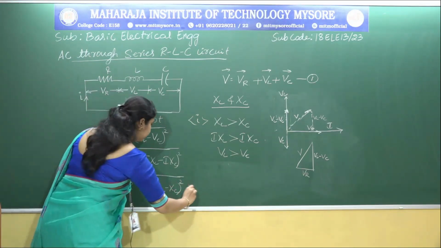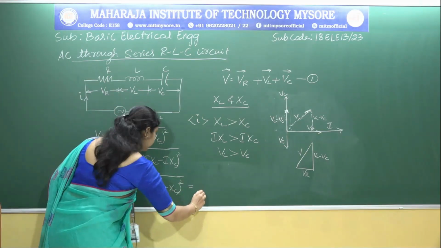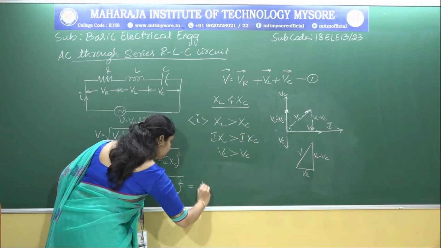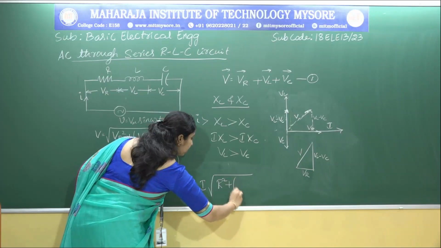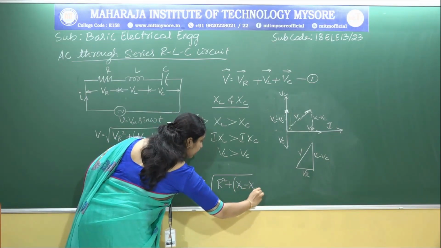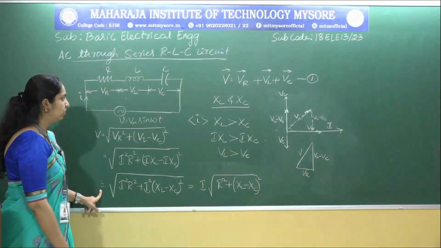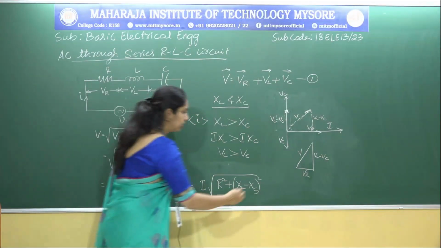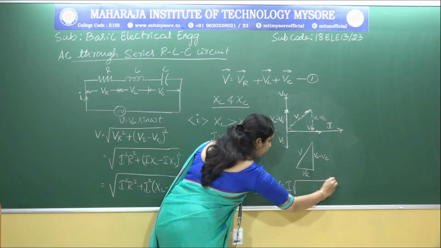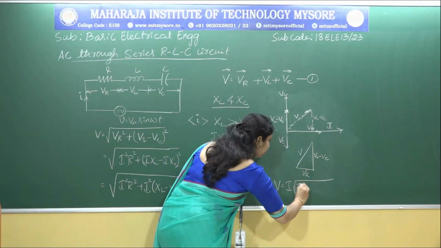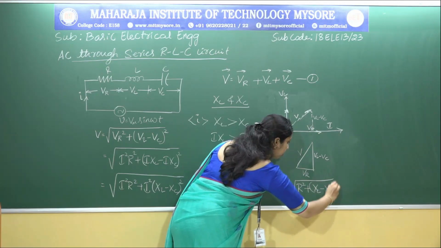In the further expression, you can take I common from this equation, so we get I into the square root of R square plus XL minus XC whole square. Finally we have the equation V is equal to I into the square root of R square plus XL minus XC whole square.